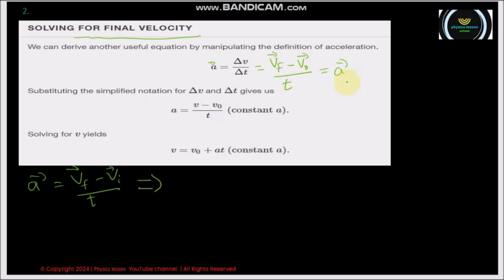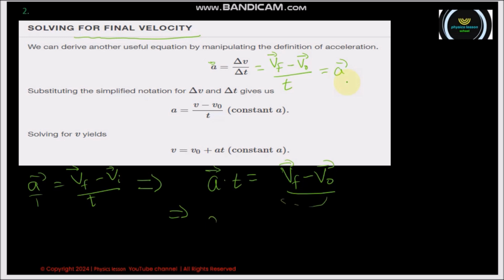Now we can cross-multiply. That means acceleration times t is equal to v final minus v initial. Now from this equation, we can take the initial velocity to the left side.